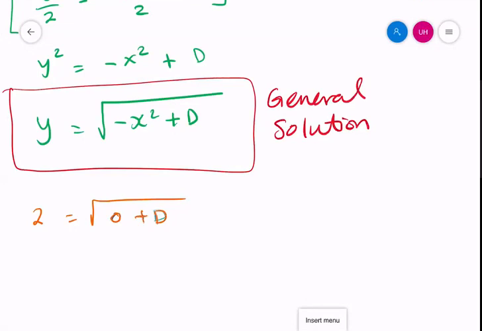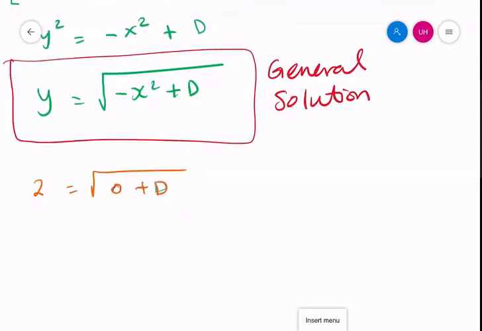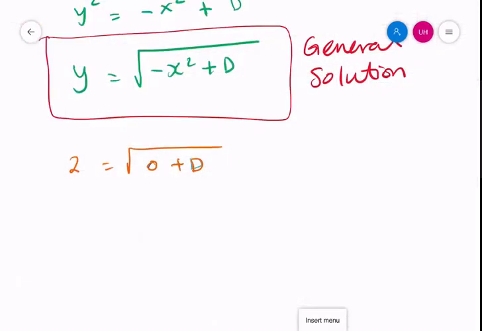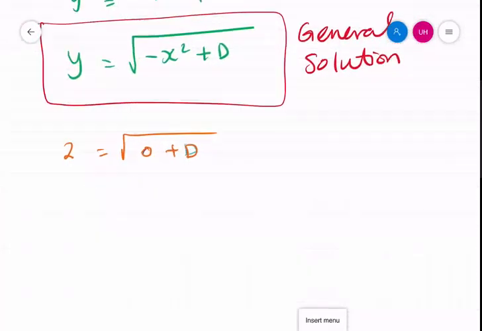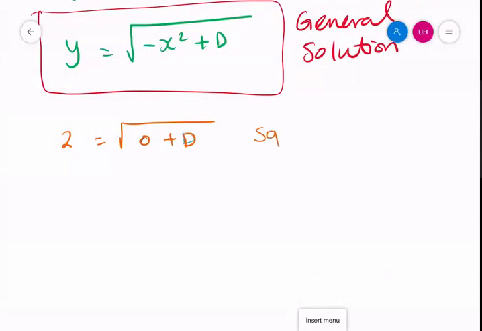Right? Now, to find d, because it's under the square root, we'll square both sides. Then we'll get 4 equals d.